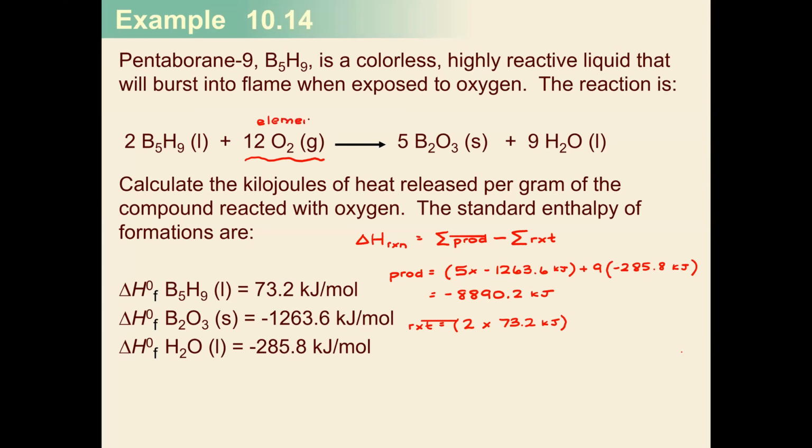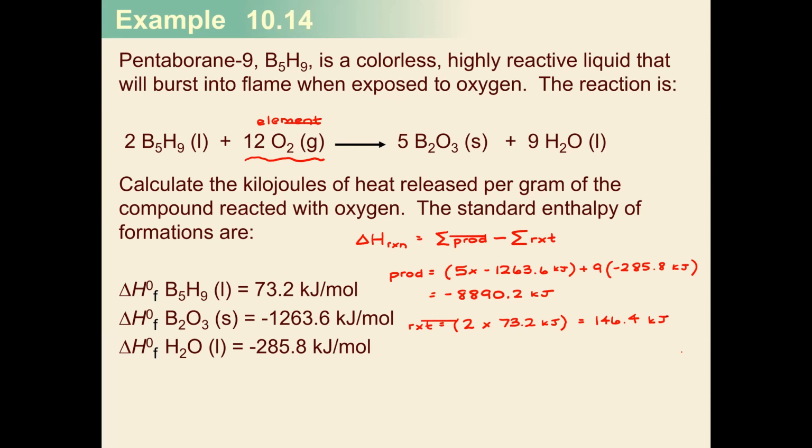So we do not need to worry about the math. All we would be doing is taking 12 times 0 and ultimately producing 0. So for our reactants, we will get an energy of 146.4 kilojoules.